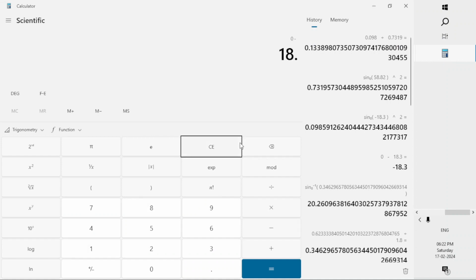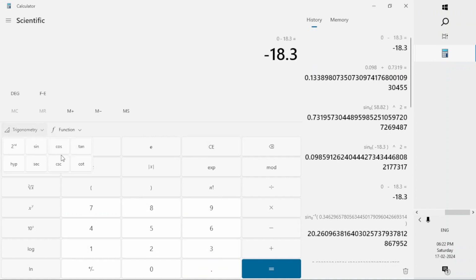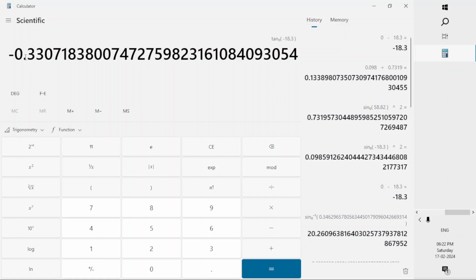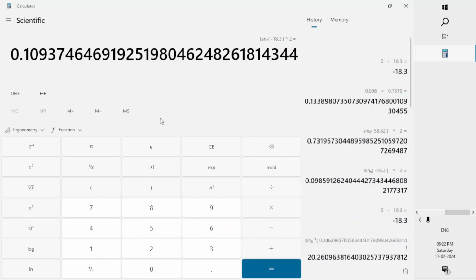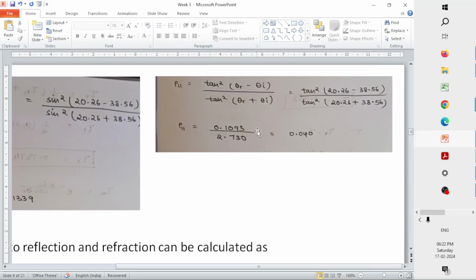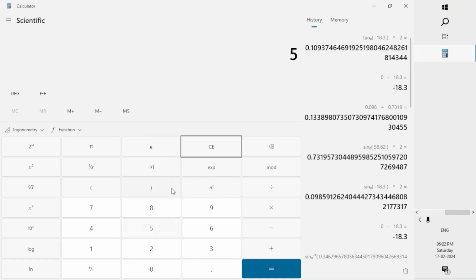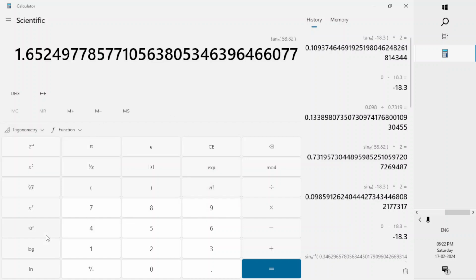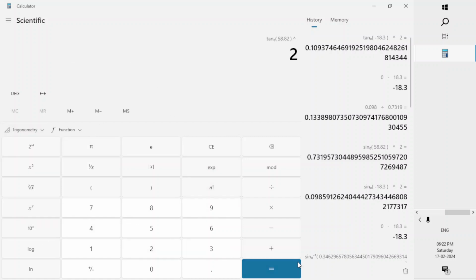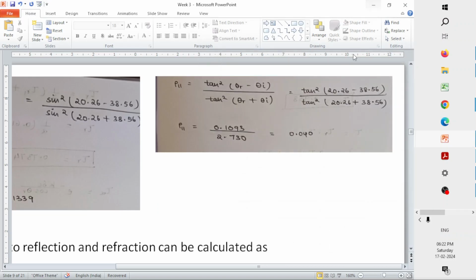Minus 18.3 and tan of that will be minus 0.33, squared gives 0.1093, divided by tan square of 58.82, which is 2.730.